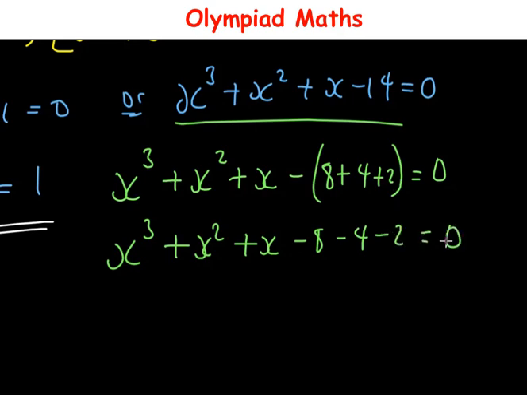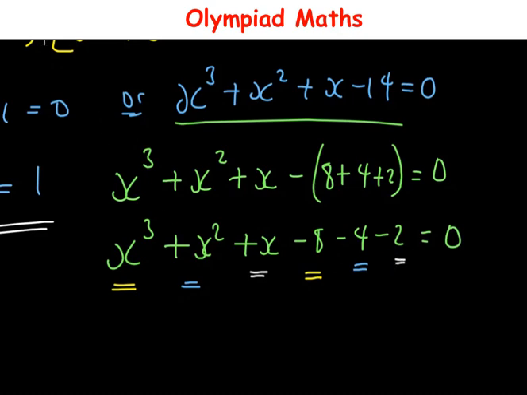This equals 0. So the next thing we're going to do is to group this together. We group x raised to power 3 and minus 8 together. We group x raised to power 2 and minus 4 together. And then the last one, we group x and minus 2 together.